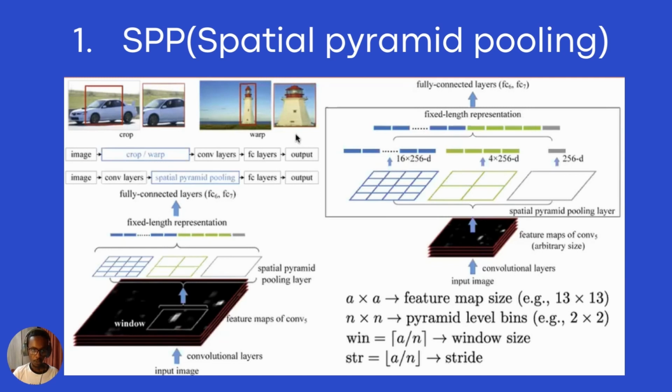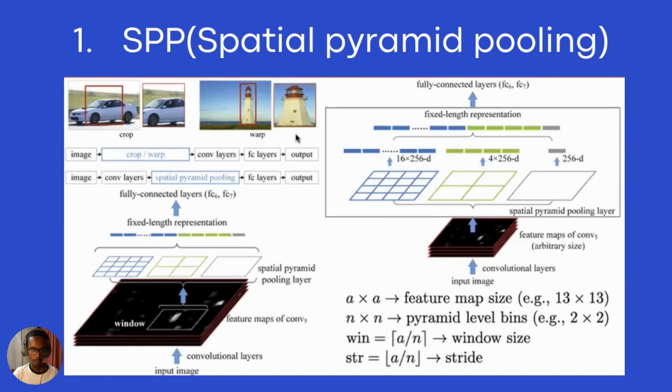And the image on the left side shows us how to perform spatial pyramid pooling for an object detection task. So if you have already computed the bounding box, then you can just use that computed bounding box and put it on the final feature map after performing a bunch of convolution operations. Then instead of pooling on the entire feature map as we did before, we're going to do the pooling operation only on that pre-computed window.